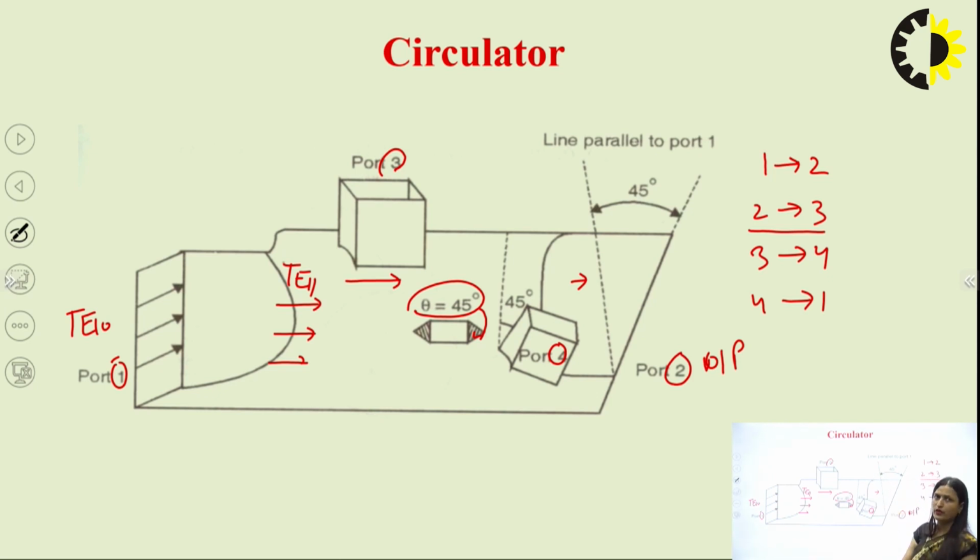So port number 4 will not absorb this waveform. Now it will go to this ferrite rod. The ferrite rod is in the opposite direction. So now this wave comes to port number 3 and will be parallel to port number 3. So this wave is absorbed by this port and output will be taken at port number 3.